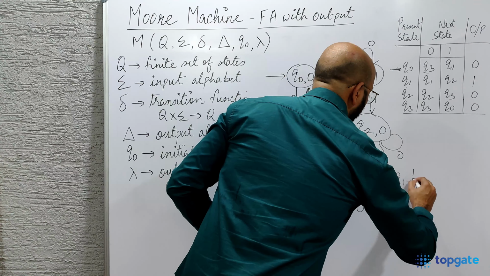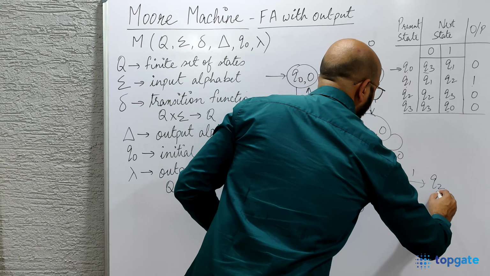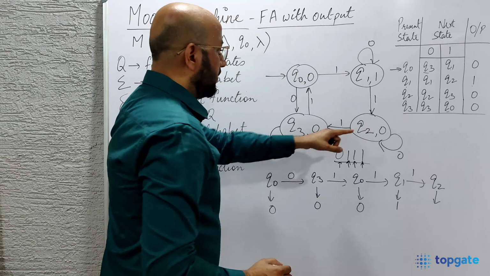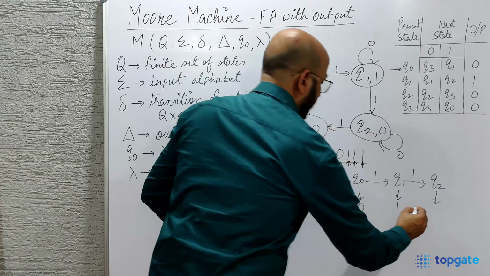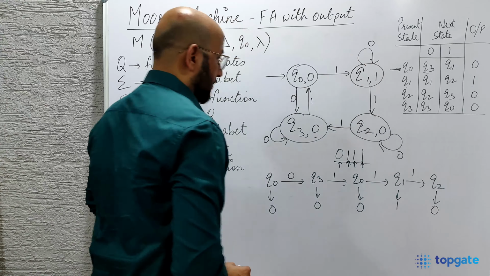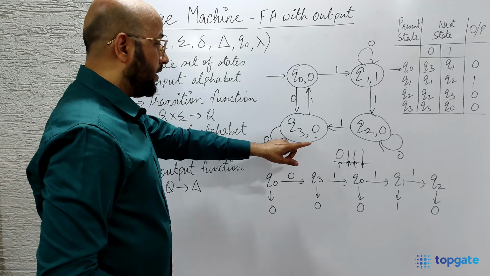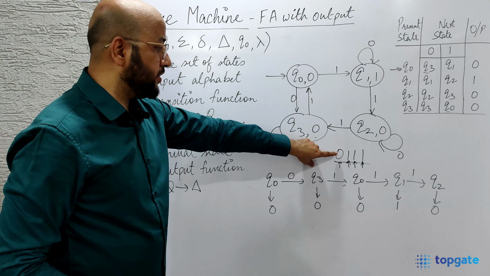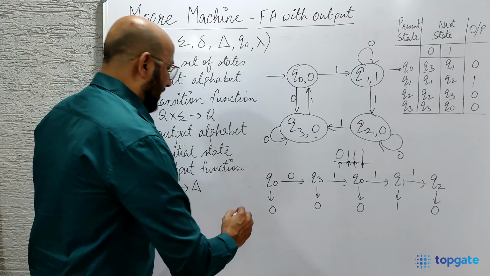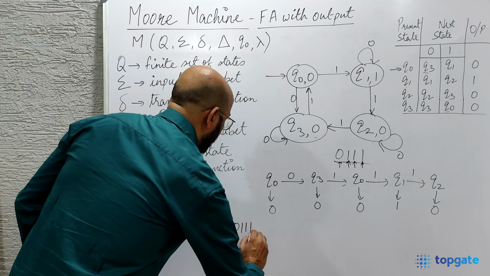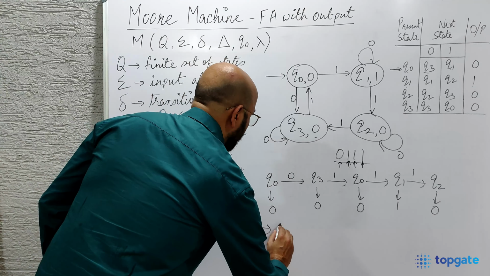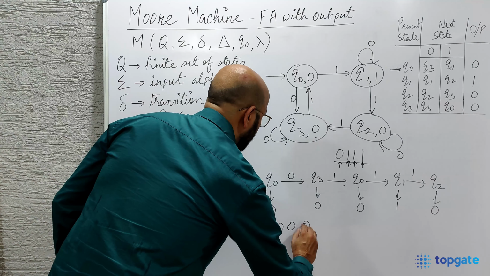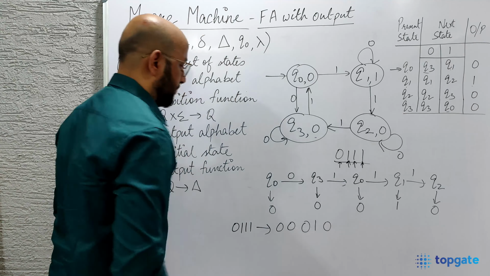So on Q1, 1 applied, I'll move on to the state Q2, and at state Q2, I know that a 0 output is associated. So I'll write 0 here. Okay, so on applying the input string 0 1 1 1, I'm getting the output as 0 0 0 1 0.